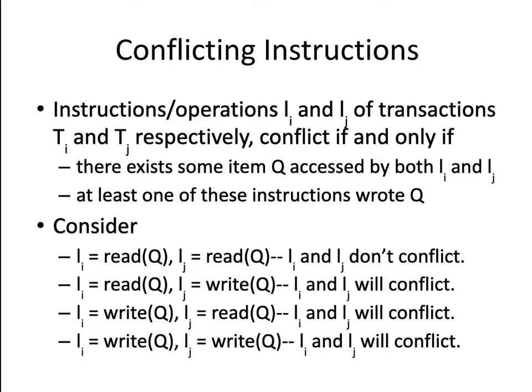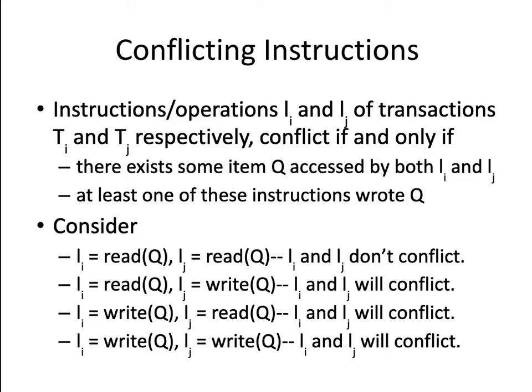So if three transactions are going on in parallel and you want to find the conflicting instructions, first you should note that the instructions should be from different transactions. Instructions from the same transaction cannot be called conflicting because they are in sequential order, forming a sequence in that particular transaction.